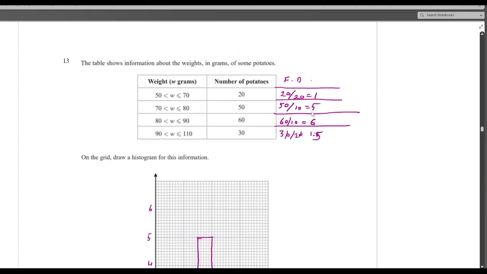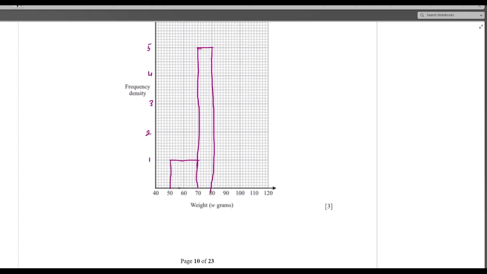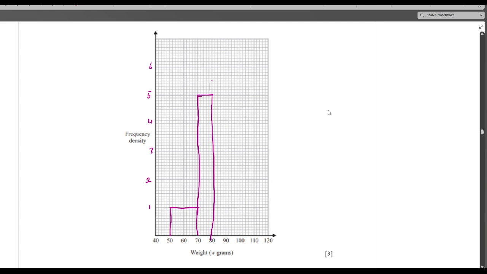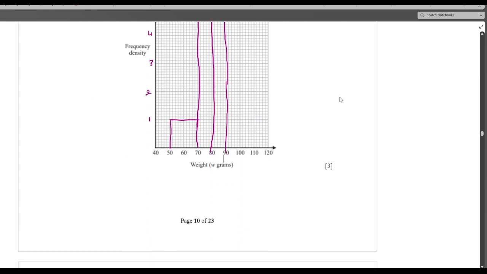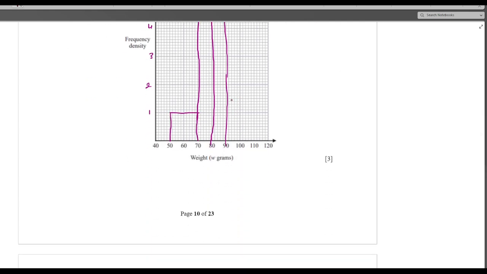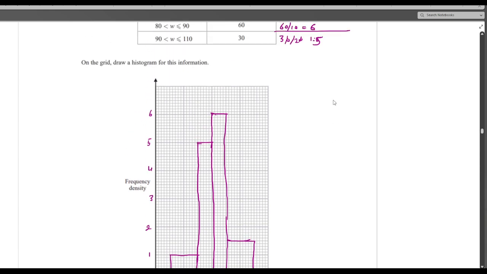Then from 80 to 90, the result is 6. So the result 6 is up to this point, and I will draw it like this. And then from 90 to 110, it is 1.5, so I will draw one column like this. So this is your histogram.